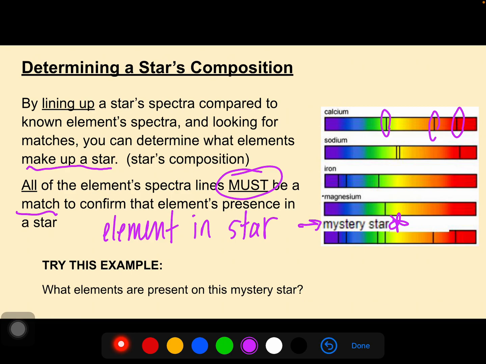So my best bet is in Notability, if you use that line tool, you can make that straight line and come down and see, is that element line part of the star? So just circle up which ones you think are present. And a little explanation of how you did that.